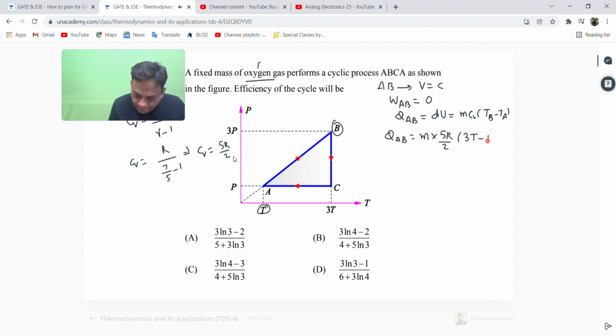It is T. Wonderful, my dear students. So heat transfer in AB is given by 3T minus T is 2T. This two will get cancelled. So it is 5 MRT. That is the heat transfer in AB.